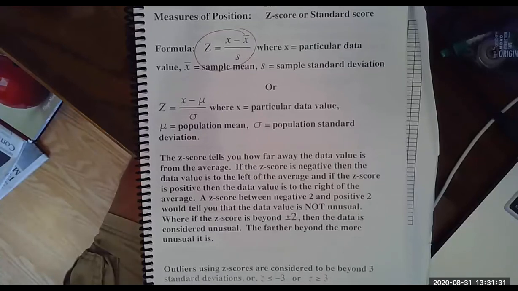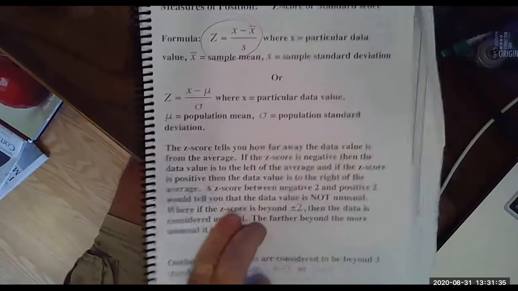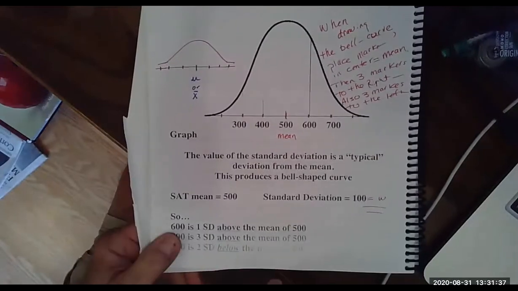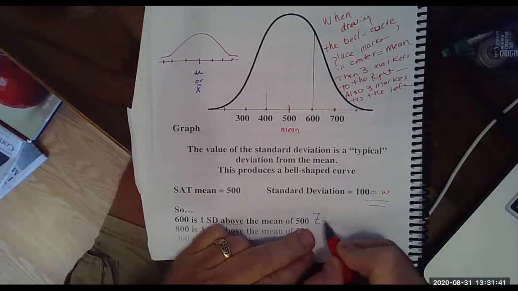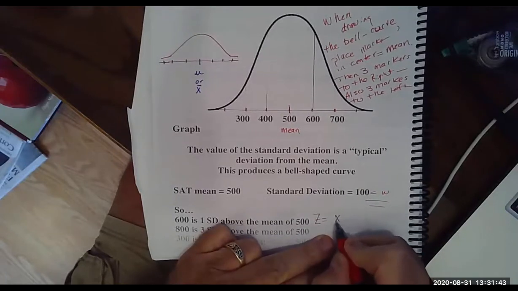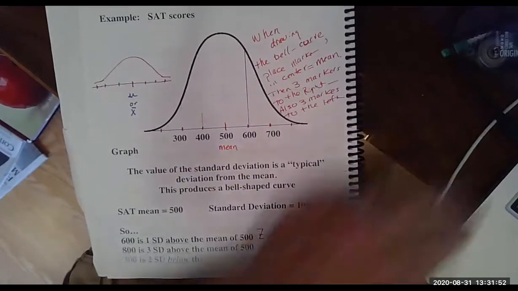It's extreme, unusual. So if I use that formula like this, it's X minus X bar, or X minus mu.